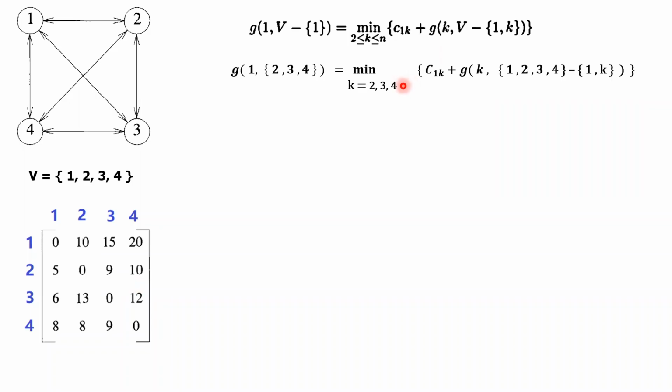I'll start with taking the first city as the starting city. So here I am taking city number 1 as the starting city. Now applying the recursive formula, cost function G, the starting city is 1. What are the remaining cities which are unvisited?